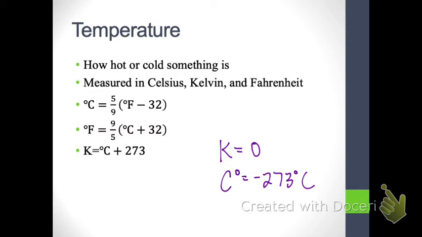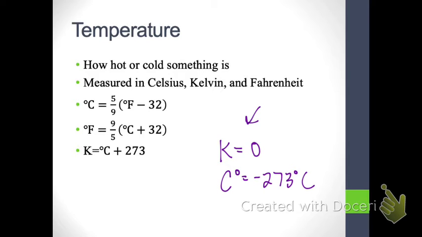That's right. That would be a point in which molecules cease to move, which would be the end of existence, right? That would not be good for us. That's called absolute zero. When Kelvin reaches 0, that's called absolute zero. That just means molecules don't have the energy to even vibrate. They just stop moving altogether.